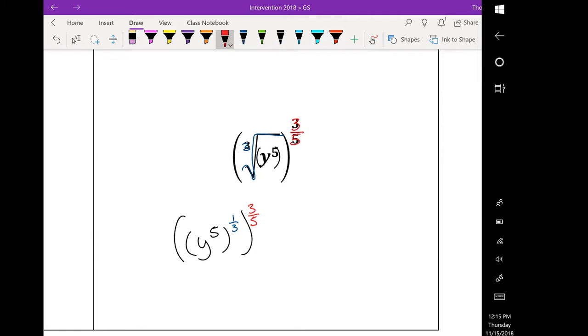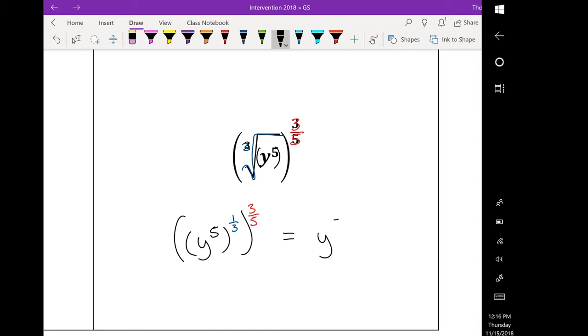So the first thing I did is I just made sure that all of my exponents are in fraction form, in rational number form. Then I just have to multiply them. It's going to be 5/3 times 1/3 times 3/5.